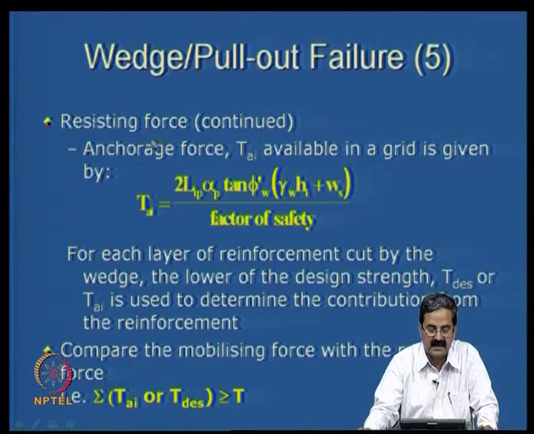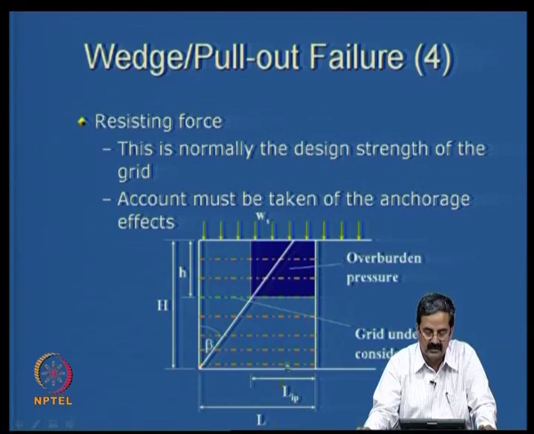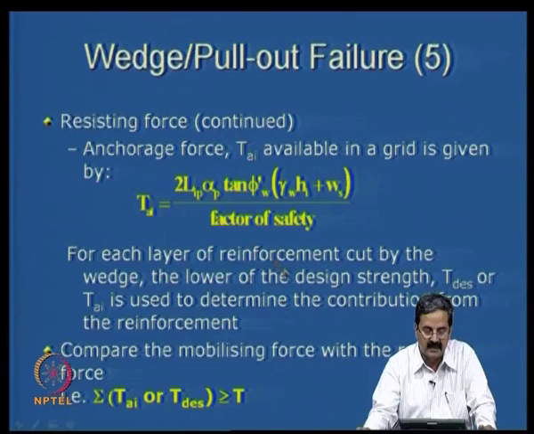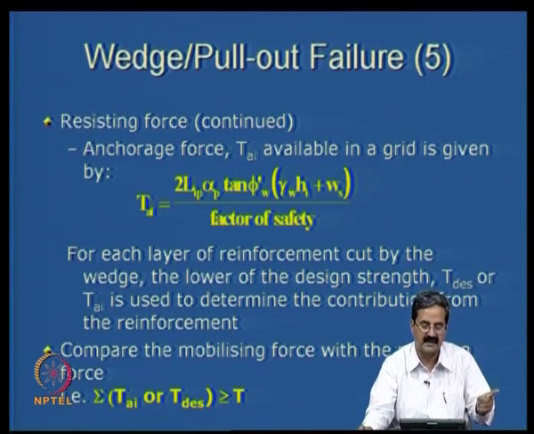This is another one that one can have, so what is the anchorage force you can develop. That length that you have is called the anchorage length, and at any point one can calculate it, and that is given by this expression. There are 2 terms, one is the tensile force mobilized in the reinforcement.